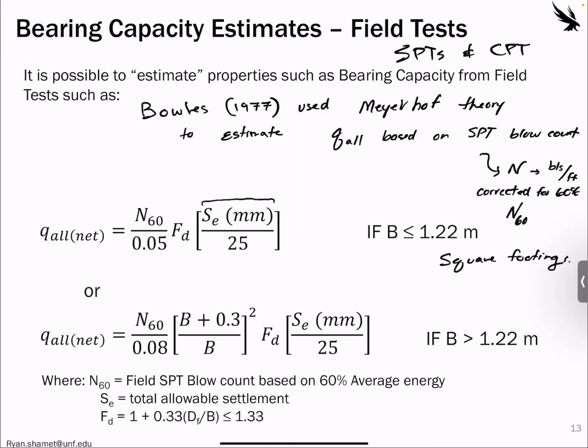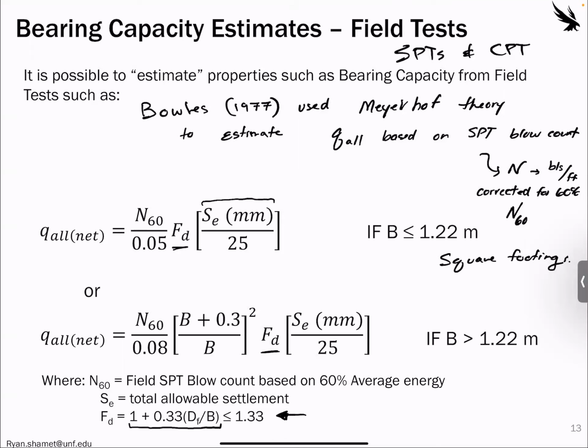But there's also fancy charts that apply for these as well. The only other thing, this coefficient here, FD, is dependent on the depth of your footing. So you would calculate the depth of your footing divided by the width, multiply it by 0.33, and then add 1. And then you would choose whichever one is smallest.